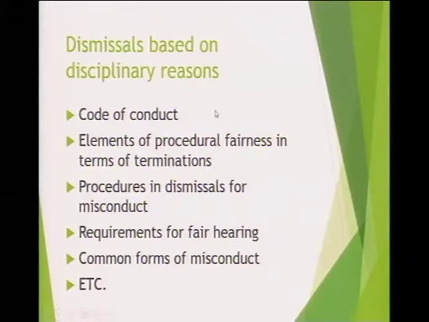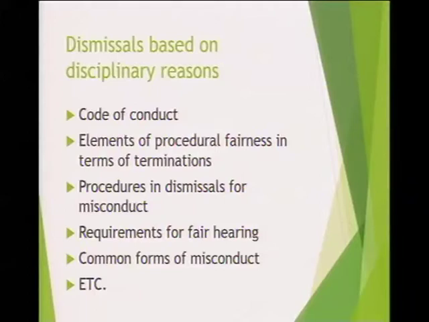Now, what about dismissals based on disciplinary reasons? For example, code of conduct. An employee does not observe the code of conduct. There are rules laid down, and the employee just decides to behave otherwise. The employee can be dismissed. If the elements of procedural fairness in terms of terminations are followed, the contract may be terminated.